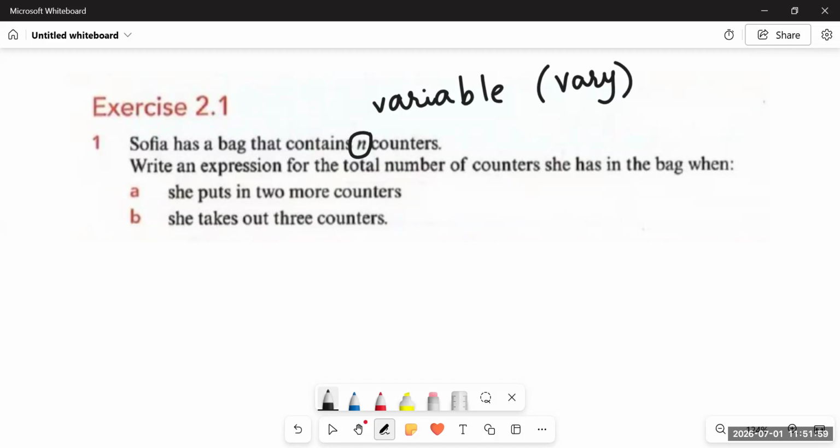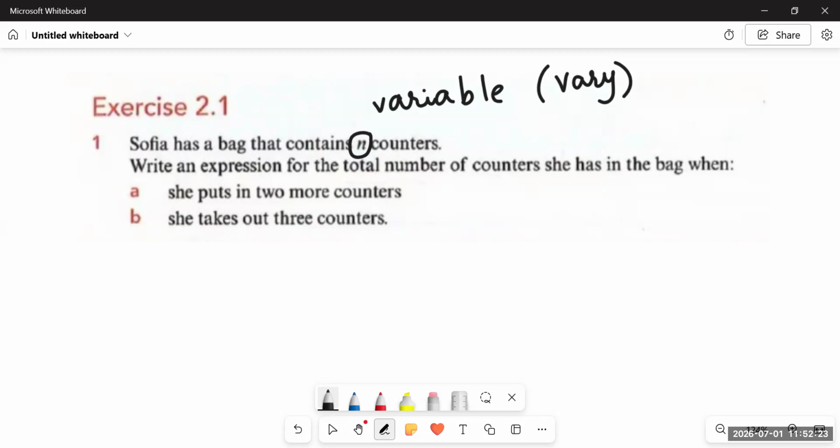Okay, students, so here it says Sophia has a bag that contains n counters. We don't know how many counters Sophia's bag has, so we use the letter n over here. You have to write an expression for the total number of counters she has in the bag when she puts in two more counters.